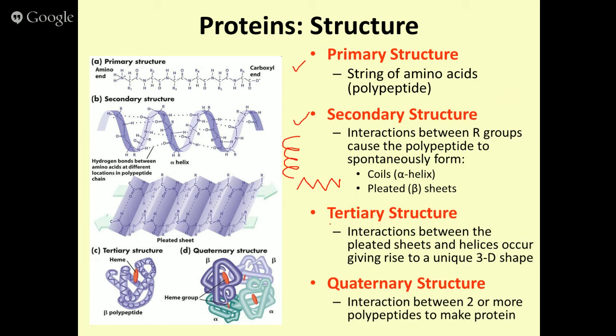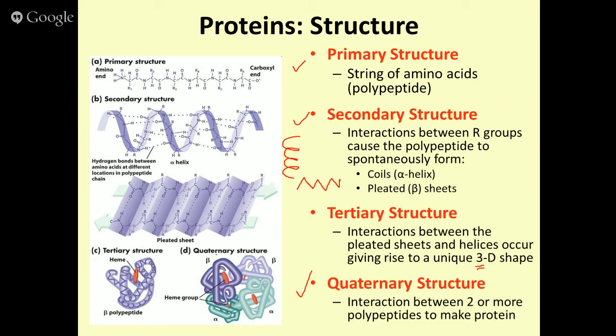Now, when it goes into its tertiary structure, remember we said that's where you get this unique 3-dimensional shape. So we get lots of bonding between the R groups, the radical groups of your amino acids, and you start to develop this very complicated 3-dimensional structure for your polypeptide. And then finally, in the last phase, the quaternary structure, several polypeptides come together to build your protein.